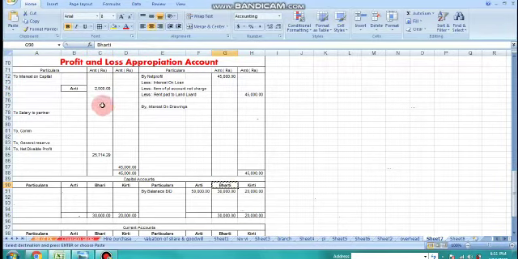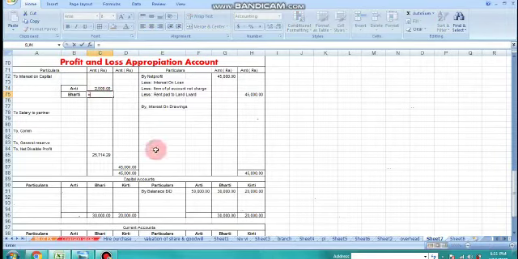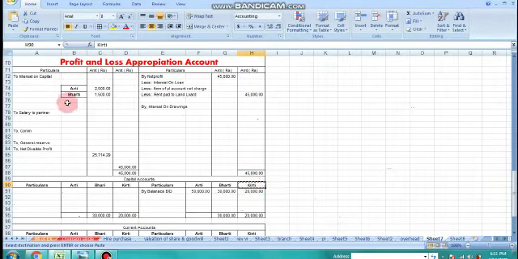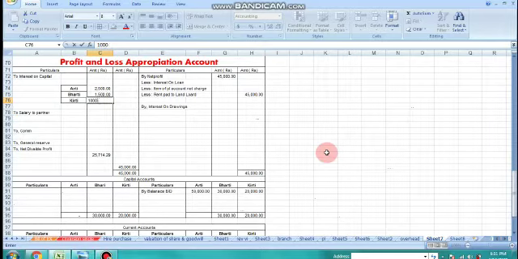Now Bharti, 5% of 30,000, is 1,500, and Kirti is 1,000. So the total interest will be 5,000.